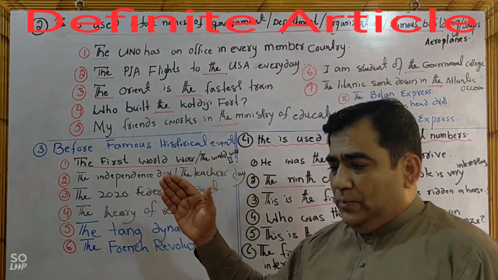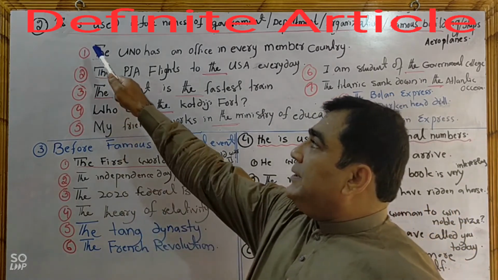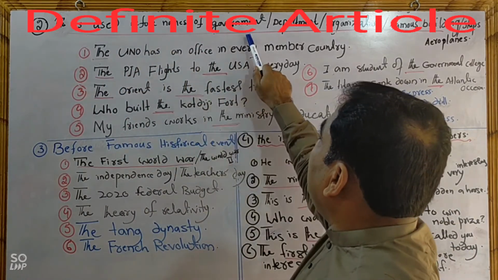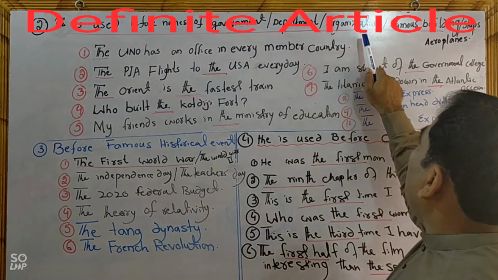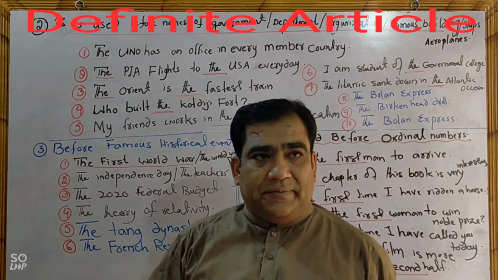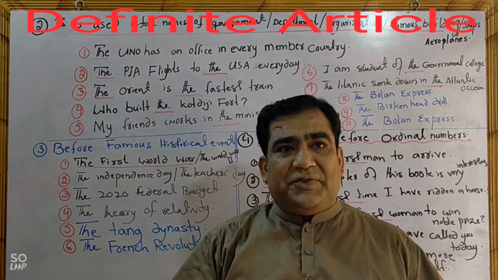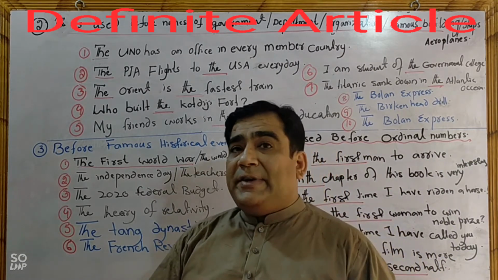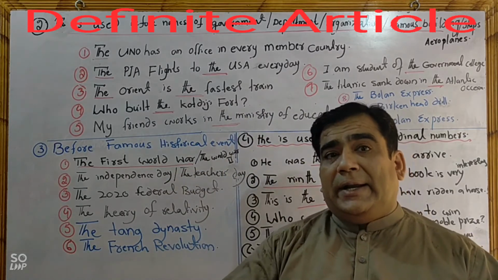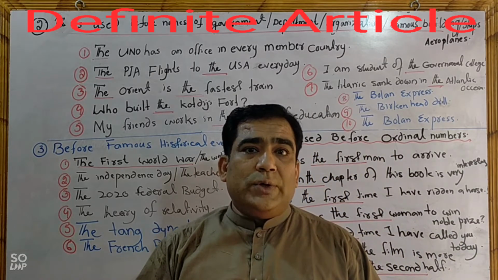Now, coming to the next step, this is used before names of government, departments, organizations, famous buildings, ships and aeroplanes. We have ships, aeroplanes, many ministries and government departments, and they have their particular names, and they are recognized or identified by their own names.